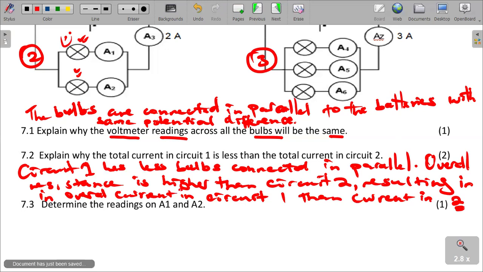Overall resistance in circuit 1 is higher than overall resistance in circuit 2, and then the overall current in circuit 1 is less than that in circuit 2.